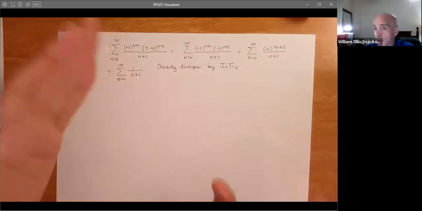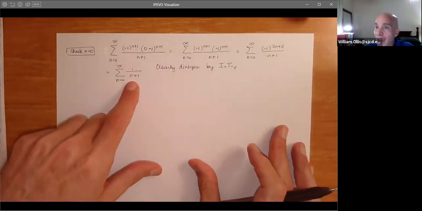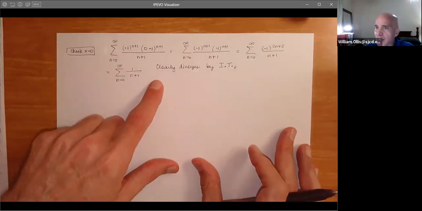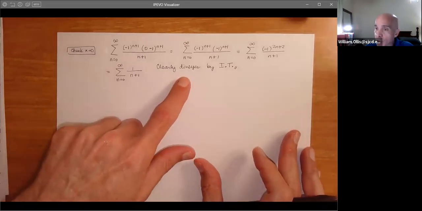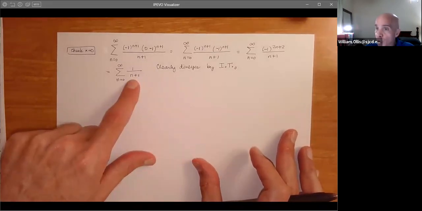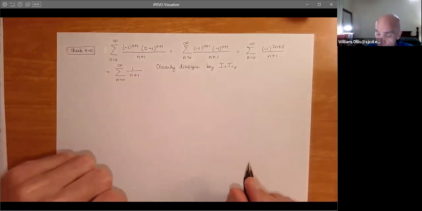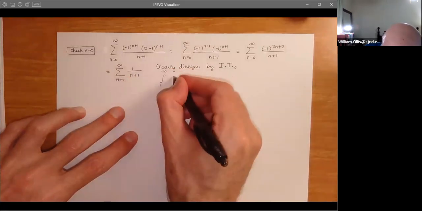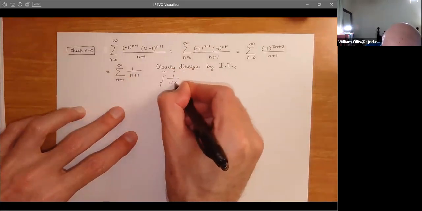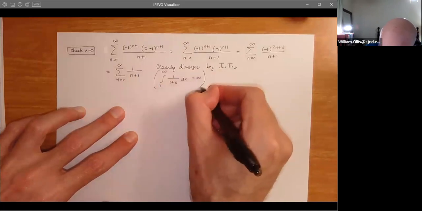If you don't write that, then it's wrong. But I am not going to demand that you do a complete analysis of this. You need to just clearly say, by the integral test, this would give a divergent series, and you could say the improper integral diverges. That is, the improper integral from 1 to infinity of 1 over 1 plus x dx is infinity. That would be sufficient.